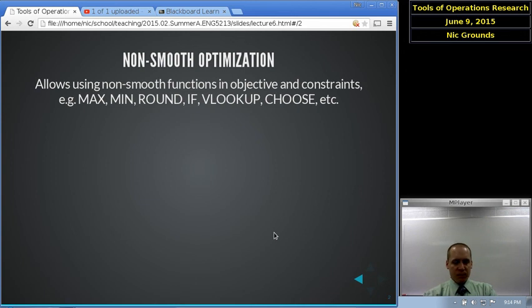Non-smooth optimization can literally use any kinds of functions. They don't have to be smooth. They don't have to be linear. I mean, you could certainly use linear functions or non-linear functions, but it can involve non-smooth functions as well. It's just guaranteed to only find good answers. Okay? Not best, not locally optimal, just good ones. Okay? All right, are there any questions about nonlinear optimization?